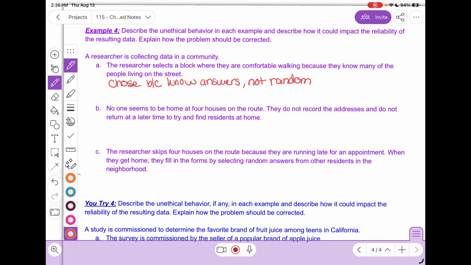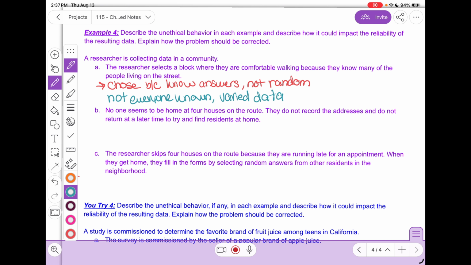So the way to fix that would be to make sure that it's not everyone you know, or it's varied data, or it's not the only block. So you just want to be careful that there are other things than just that one piece that the data comes from.